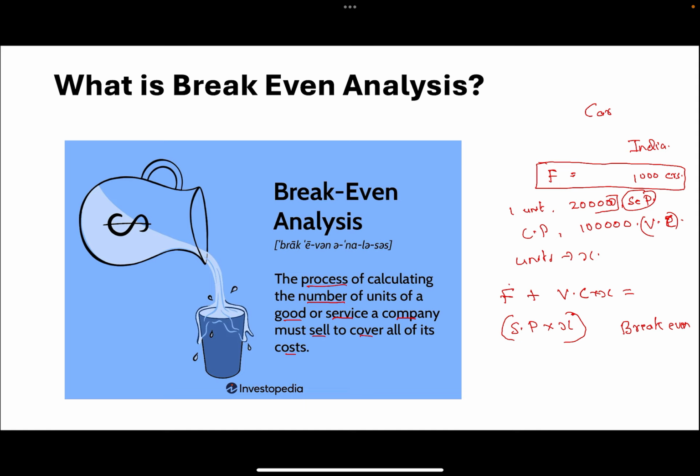So break-even, you can write it as X equal to F divided by the selling price minus variable cost. This will be your break-even number of units.